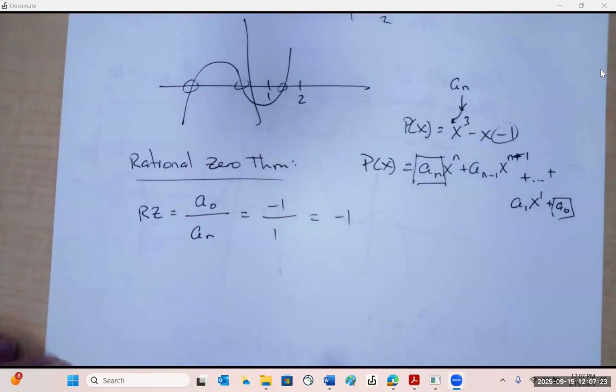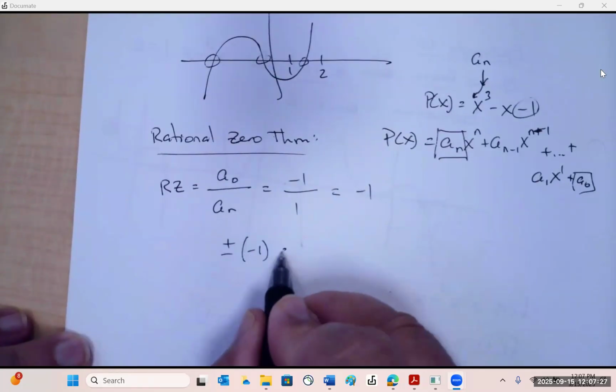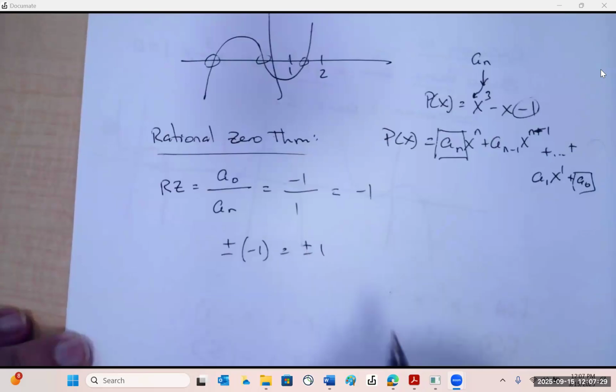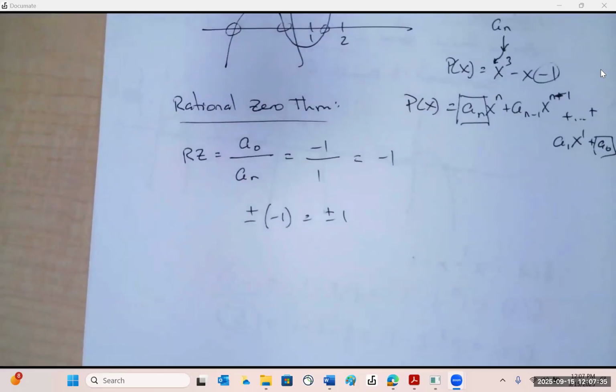So it's -1. Now we have to take the positive and negative of -1, which is positive and negative 1. And we use synthetic division to see what that gives us.